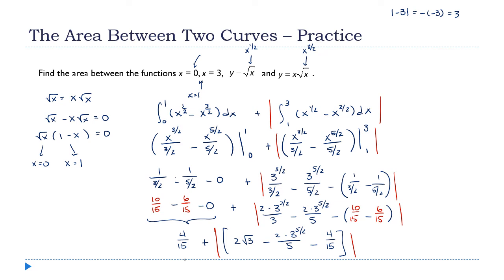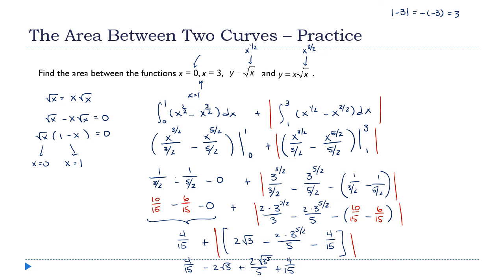I'm going to make this 4 15ths minus 2 times the square root of 3 plus 2 times the square root of 3 to the 5th over 5 plus 4 15ths. Now I can combine some stuff, right? 4 15ths plus 4 15ths.